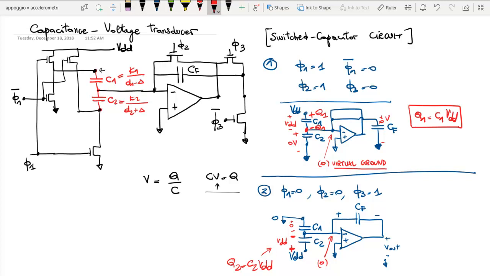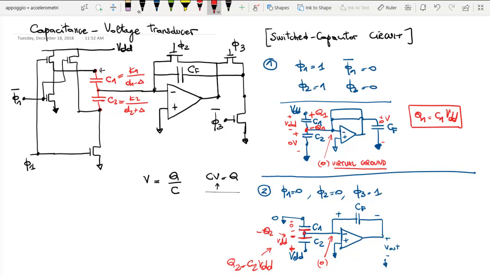Okay. Now, after the switch, when we are in phase 2, what we have is something different, because you see here the charge is 0 because C1 is depleted, but here we have a charge which is equal to minus Q2.